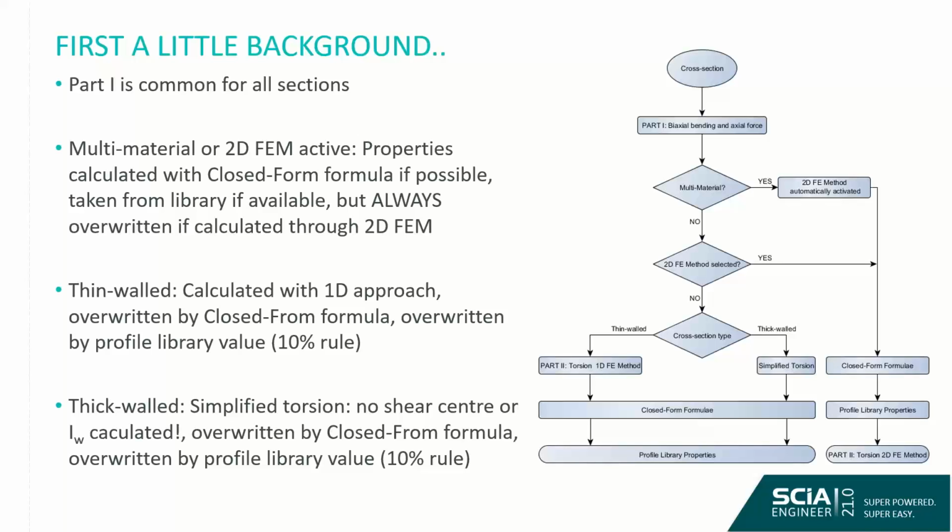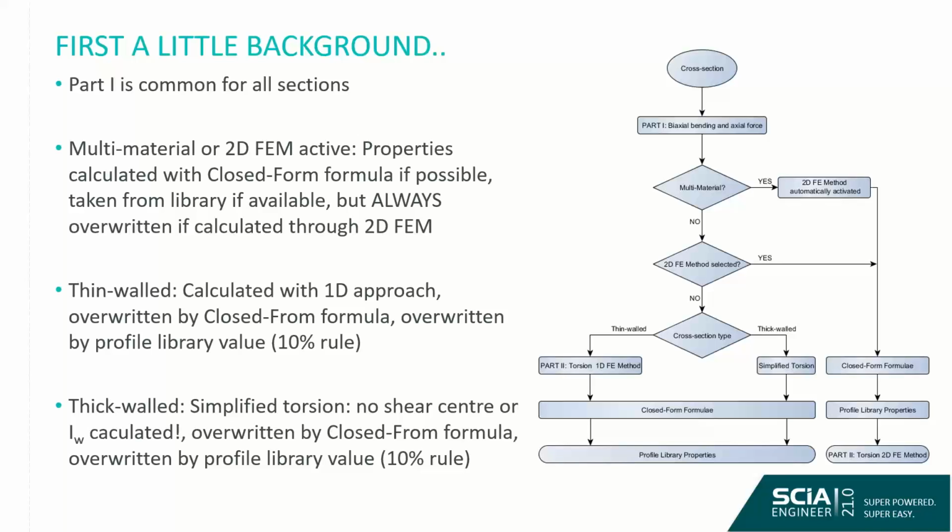What is the 10% rule? Well, it's there to avoid mistakes when writing over all of the library values, for example, into SCIA Engineer. If you miss a digit in writing over all the characteristics, then it will be caught by this rule.